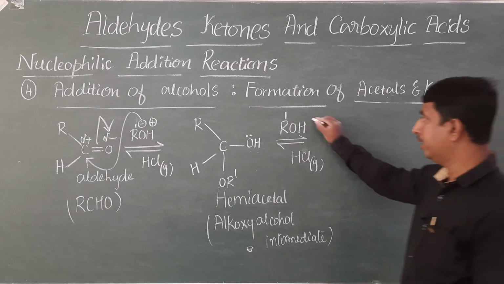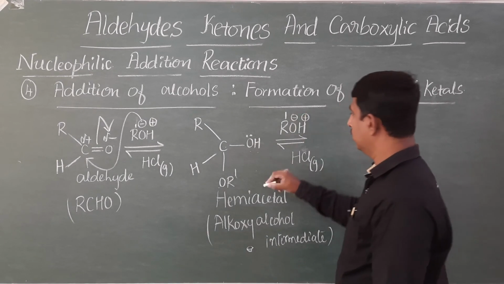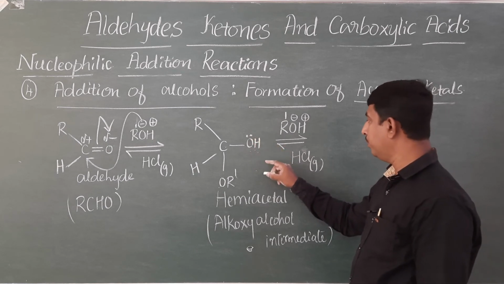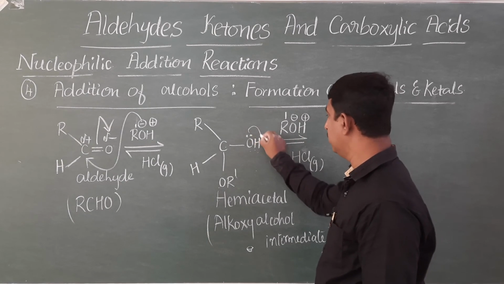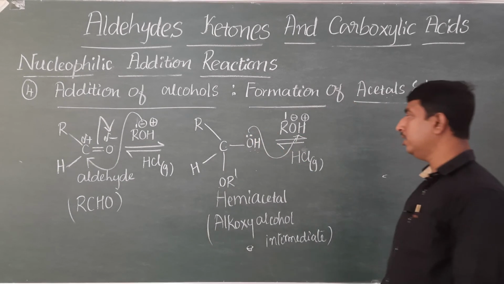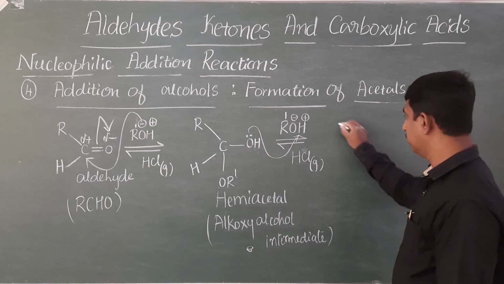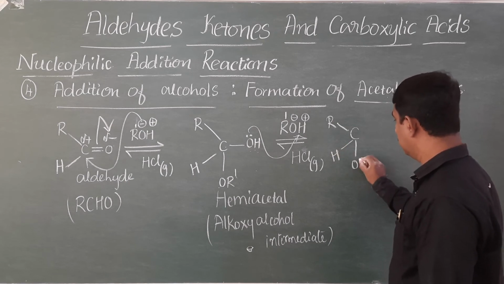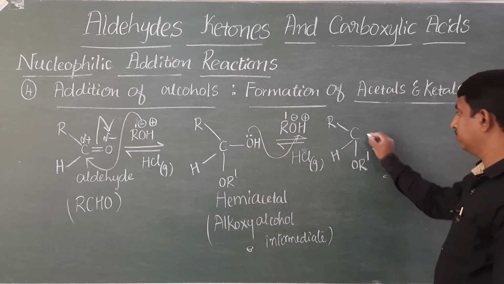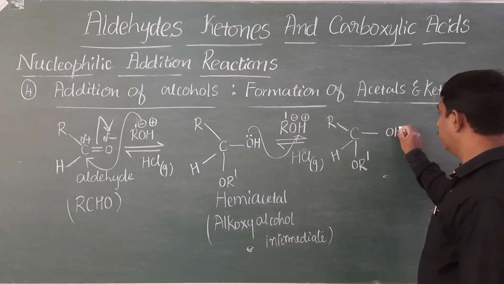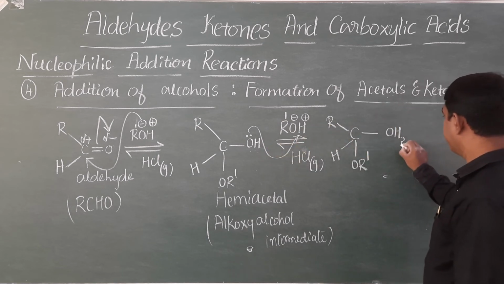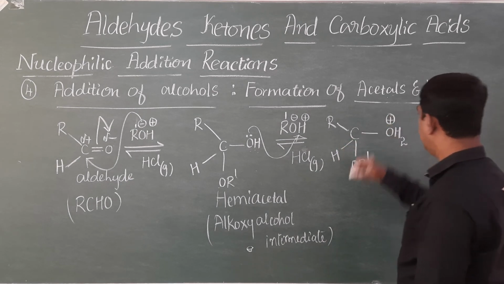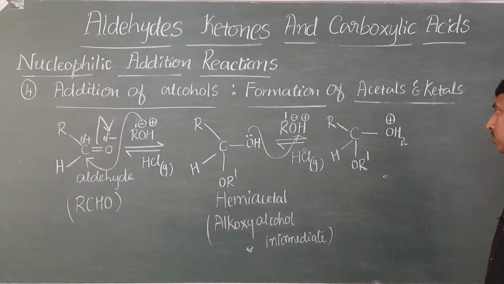It gets protonated, meaning the oxygen contains a lone pair of electrons and it accepts H plus by donating the lone pair. As a result, it becomes R, H, OR dash, single bond, and OH becomes OH2. Due to the loss of lone pair, we have to write a plus charge here.